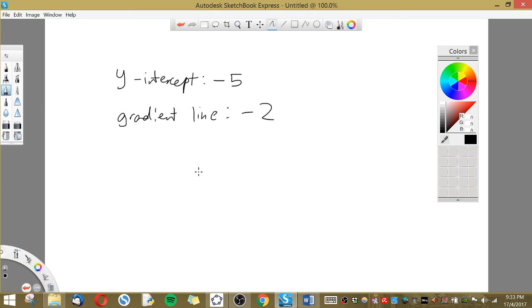Of course, bear in mind we are always talking about straight lines. Given these two pieces of information, I know it's y equals -2x plus -5. Like I said, y equals mx plus c is the general formula.